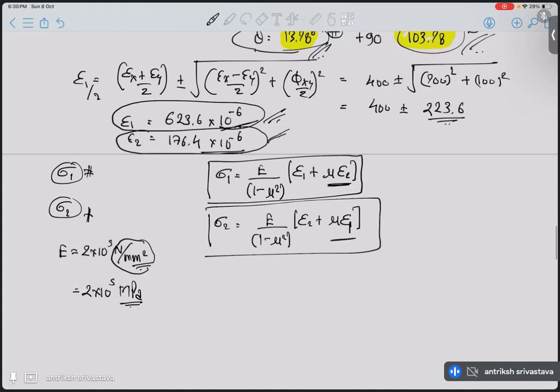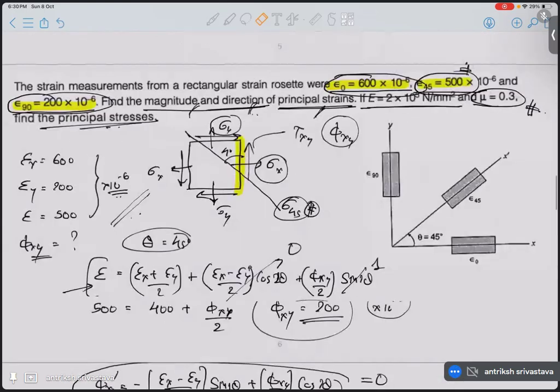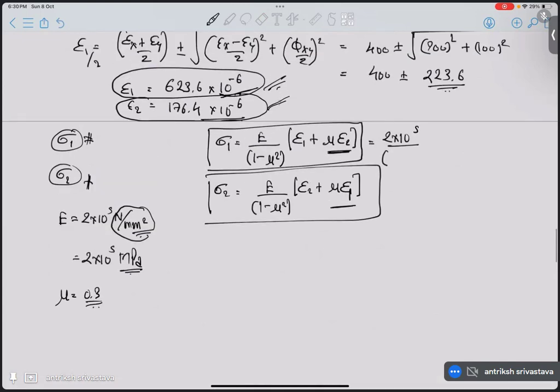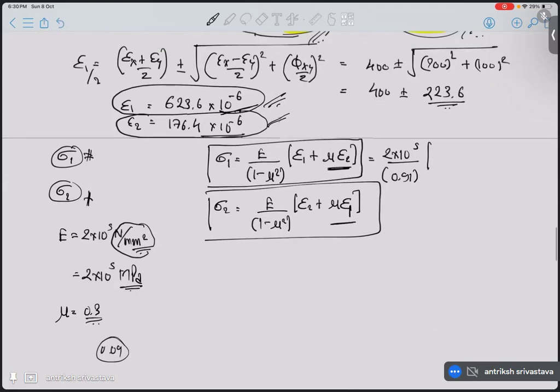So let's put in the values and see what we get. Sorry, Poisson ratio is also given to us, 0.3. So nu is 0.3, and 1 minus nu square is going to be 1 minus 0.09, which is 0.91. So epsilon 1, that is 623.6 plus 0.3 into 176.4 into 10 power minus 6.